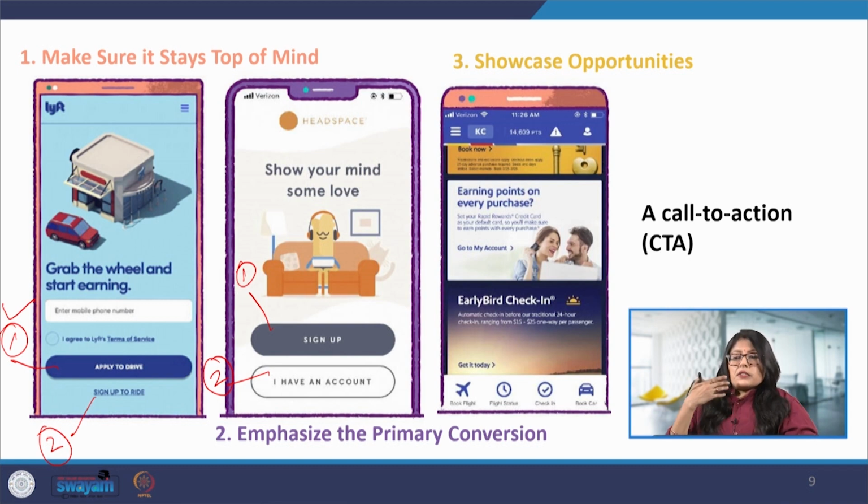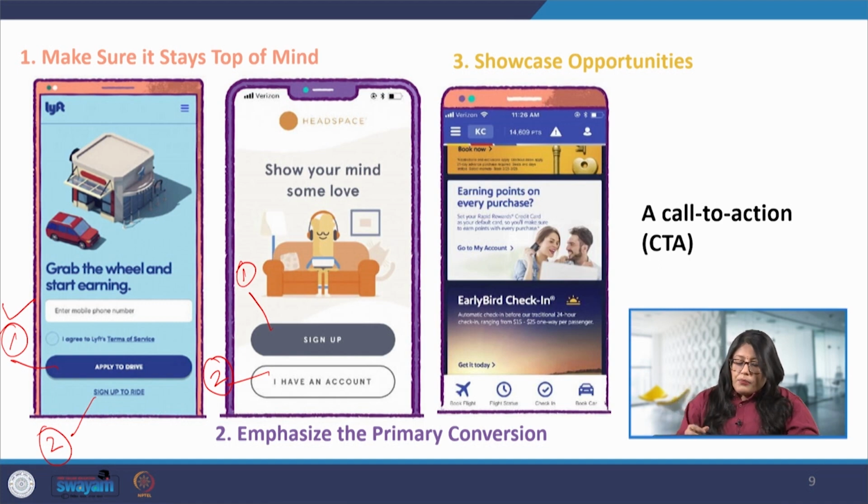The minute somebody lands on their application, they sign up. Whereas Lyft already has a substantial number of followers or users, so people apply to drive directly. You can see how this slight variation in which button appears first really changes the way one interacts with it.